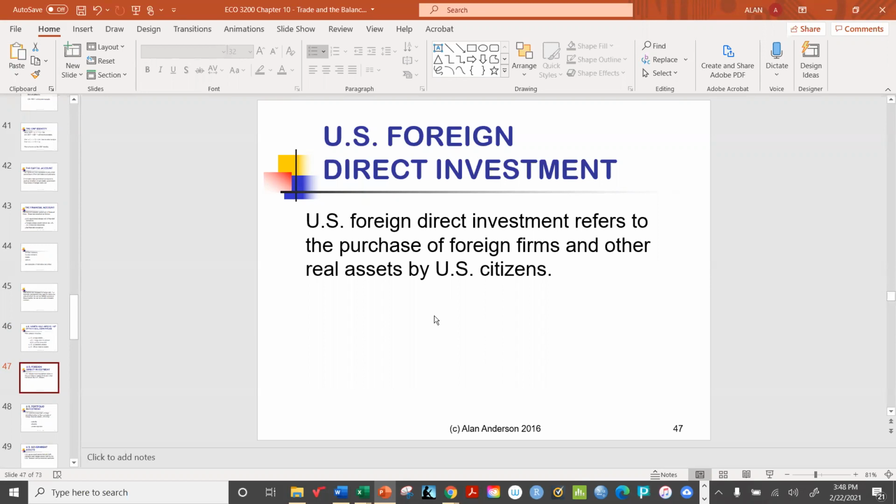And so if there's even a slight change in interest rates or exchange rates, portfolio investment can move very quickly from one country to the next, and it often does. But not this right here. Foreign direct investment tends to be a long-term commitment, and so it tends to be very stable.